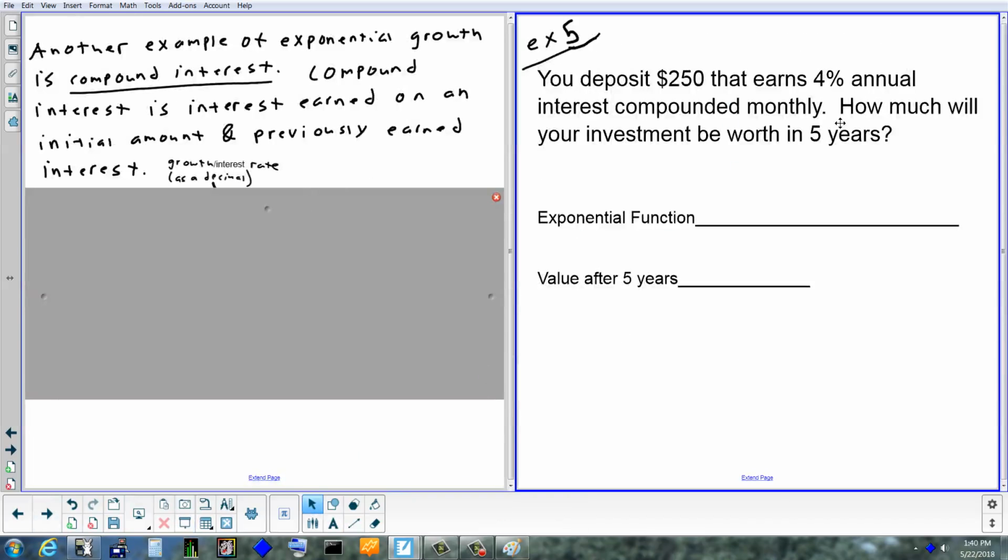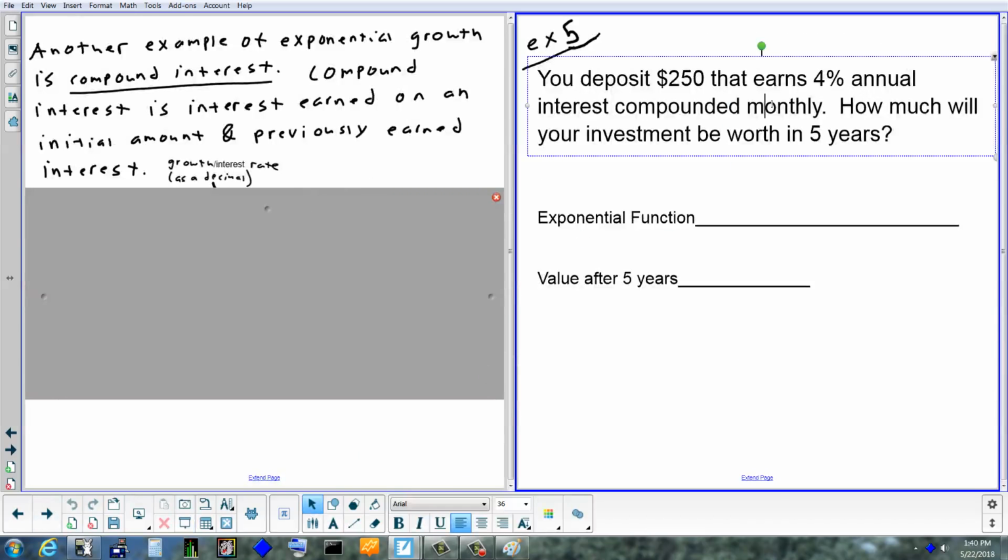All right. So compound interest, right? If you put money in a bank account, every few days it earns interest. It's money the bank pays you for putting money in their bank. And it can work both ways.